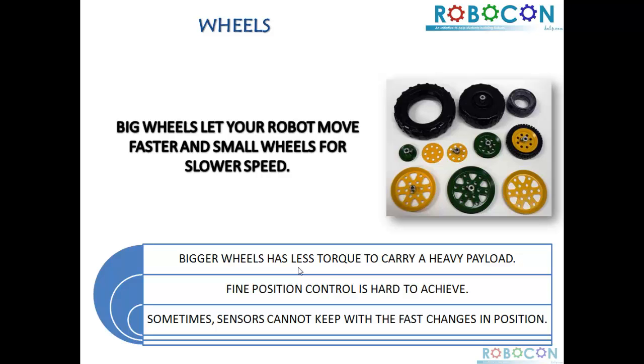So in a single rotation, when the big wheel rolls on the ground, the distance it covers is quite large compared to a smaller wheel, which covers a lesser distance in a single rotation. So when you are using a bigger wheel, fine position control is hard to achieve. Sometimes the sensor cannot keep up with the fast changing position of the wheels.